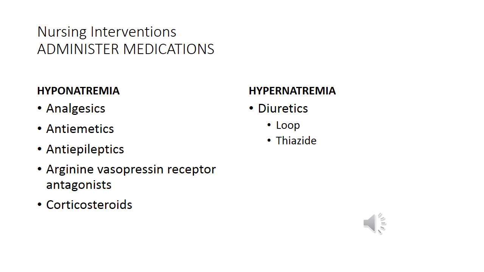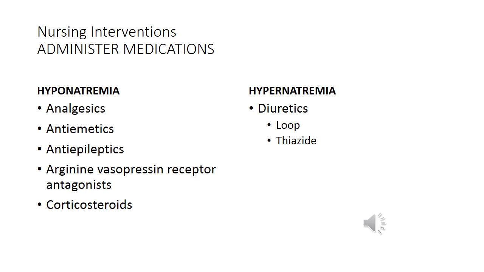Arginine vasopressin receptor antagonists to increase free water excretion without sodium excretion are used only in euvolemic or hypervolemic hypernatremia. Examples of drugs in this category are conivaptan or Vaprisol and tolvaptan or Samsca.